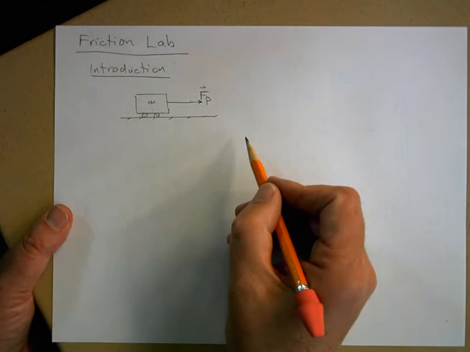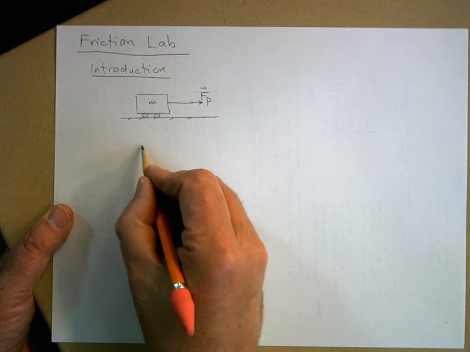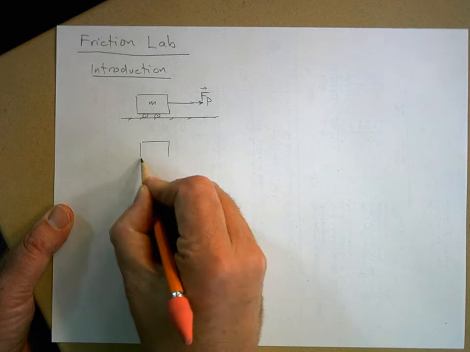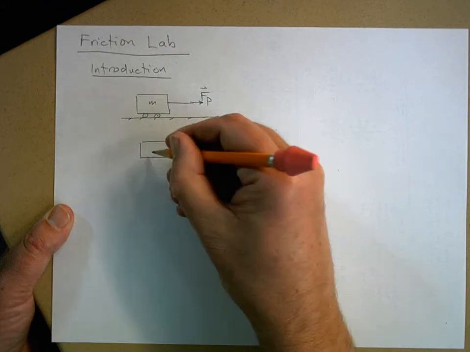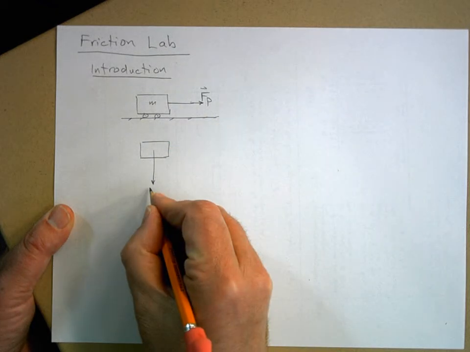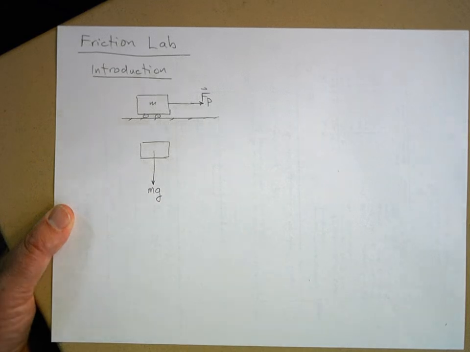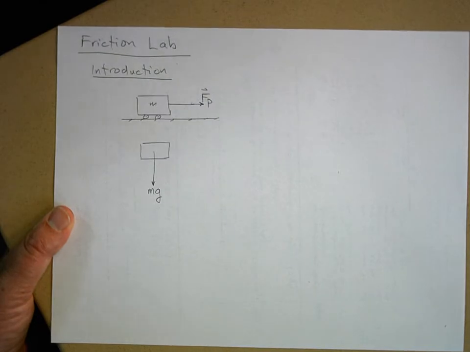Now, if I was to draw a free body diagram of this situation, I would draw the object. I would draw the mass times gravity, which would give me the weight of the object.